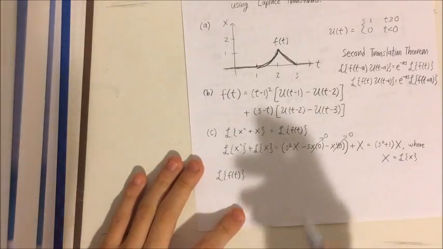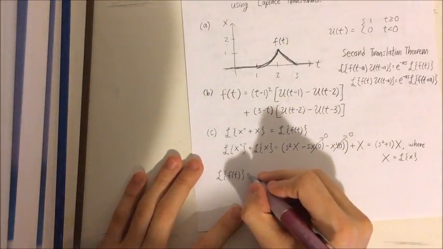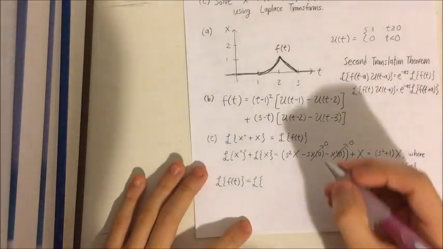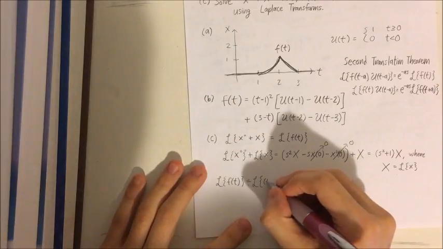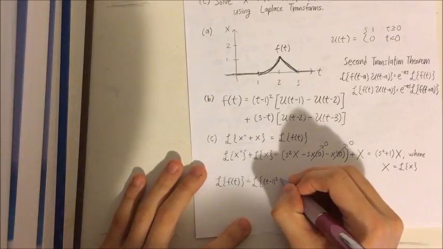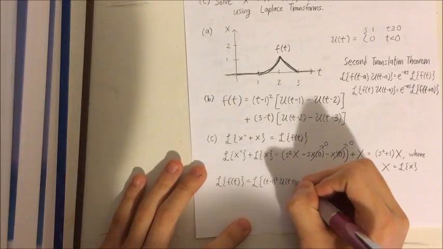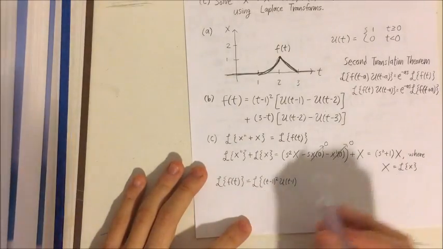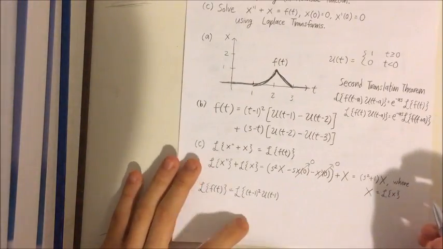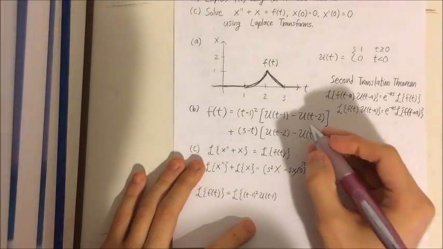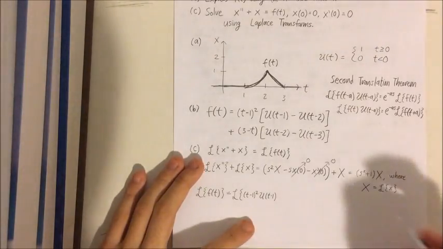First I'm going to rearrange terms. So first I'm going to say t minus 1 squared times u of t minus 1. And that's nice because, again, you see here t minus 1, the inputs agree, so we can use that. Then we're going to factor out the u of t minus 2.